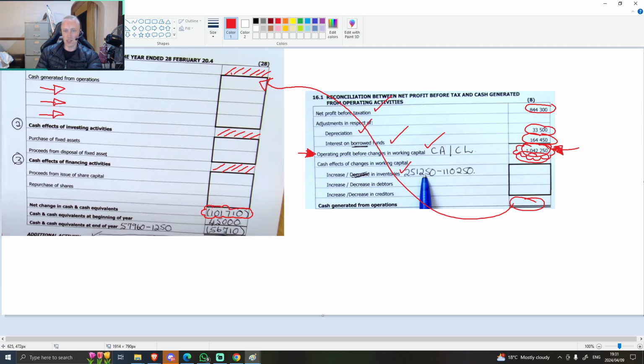See, cash flow statement isn't that hard. I mean, I don't want to say it's hard, it's more long than it is hard. And because there's all these different parts, it can get a bit confusing. But once you've grasped the parts, then it's quite easy.